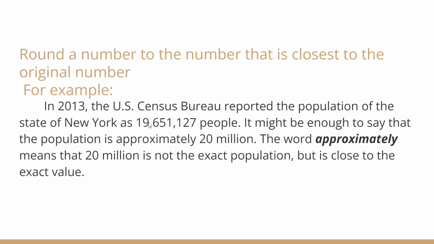It's 19,651,127 people. It might be enough to say that the population is approximately 20 million. You can also read it as around 20 million. The word approximately means that 20 million is not the exact population, but is close to the exact value.